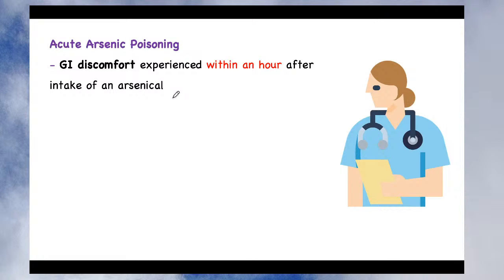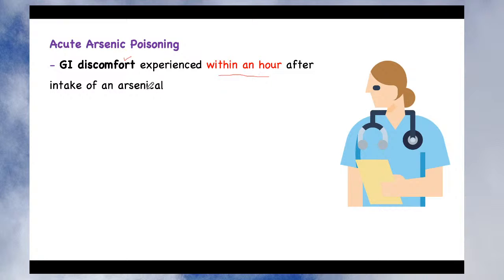Okay, so in case of arsenic poisoning, the effect even starts with local action on the GI tract. Initially, when you consume the arsenic or any food or water which is contaminated with the arsenic, you may suffer from GI discomfort. GI discomfort is experienced within an hour of exposure to the arsenic, right?